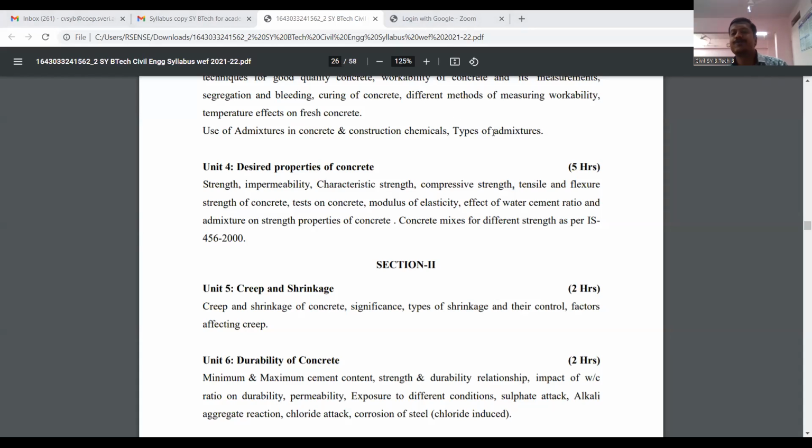What is the formula to determine the modulus of elasticity?